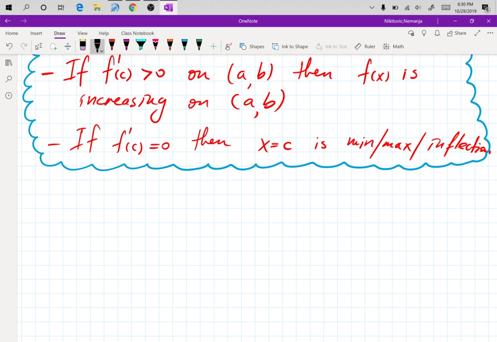So let's take x cubed minus x. Hope that works. So f of x equals x cubed minus x.